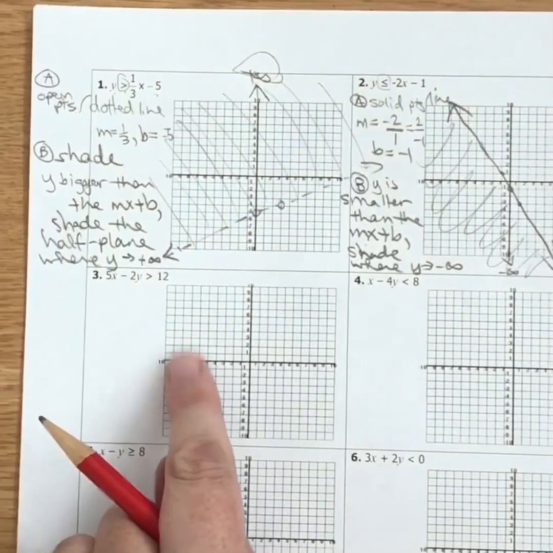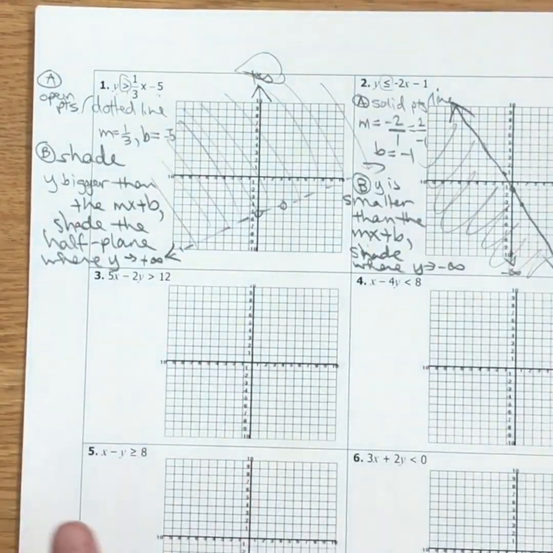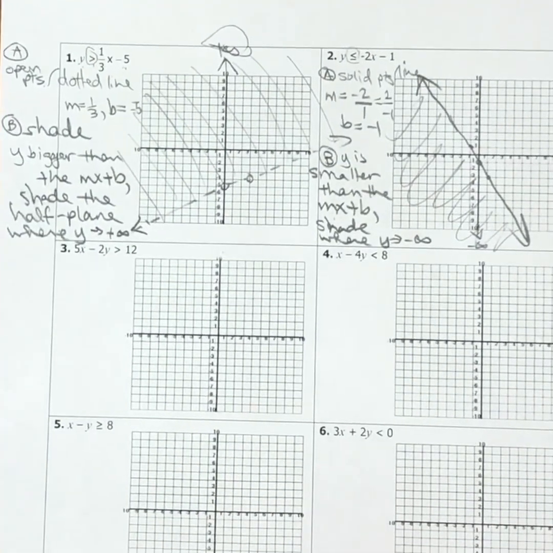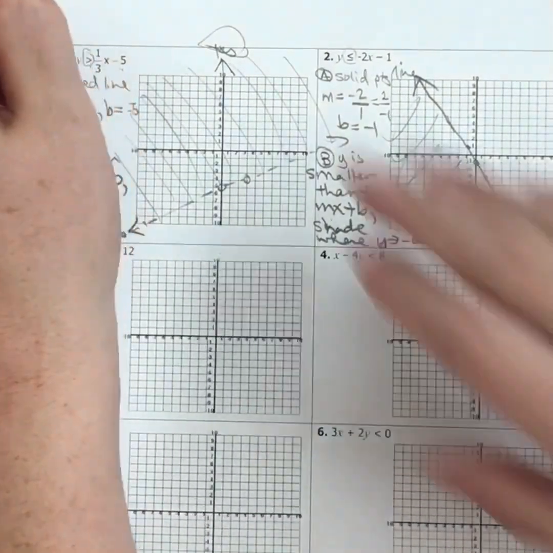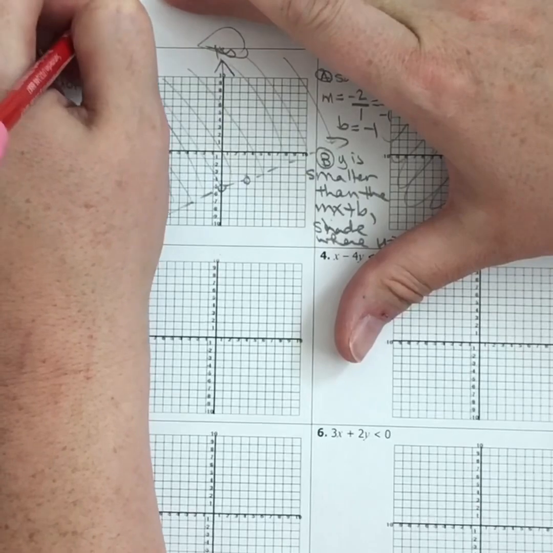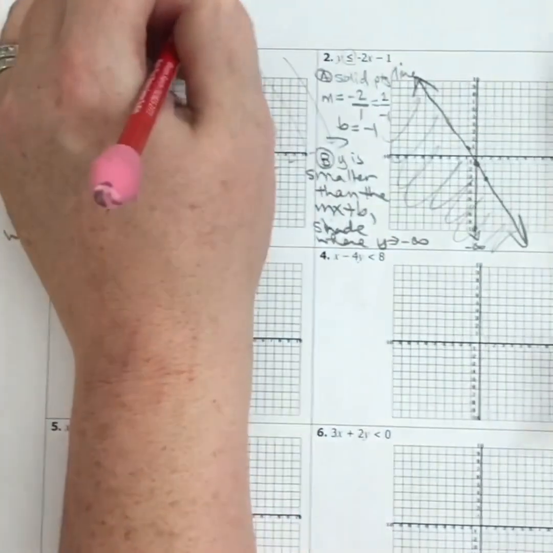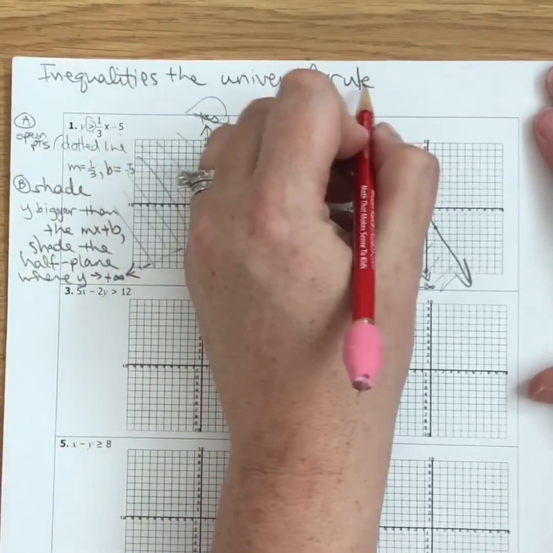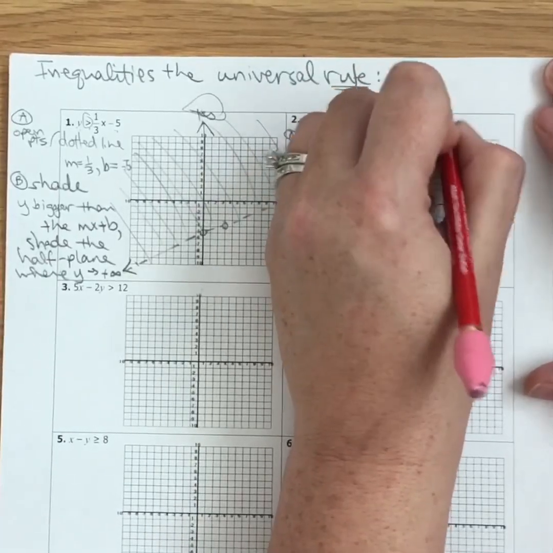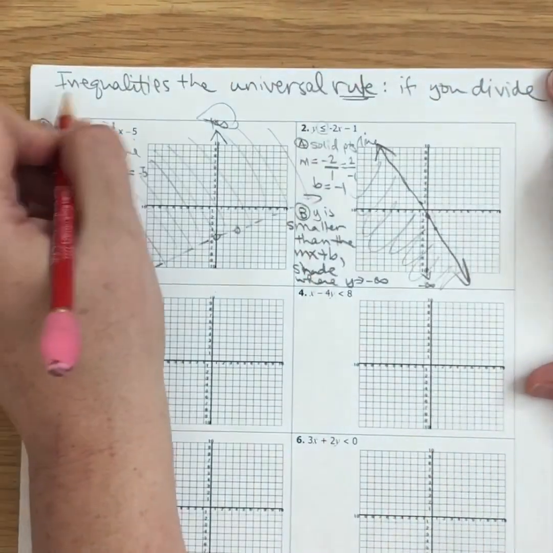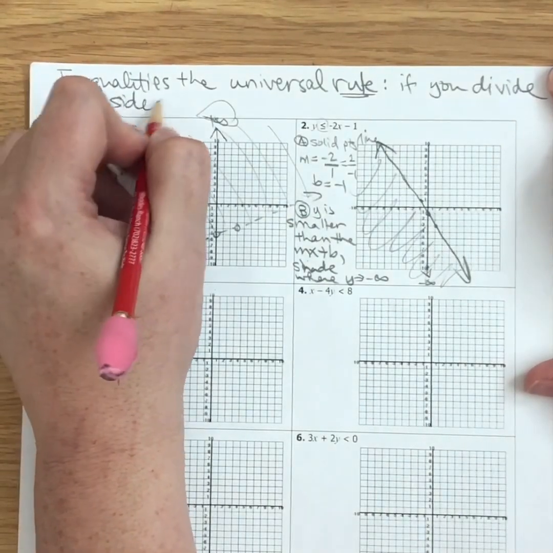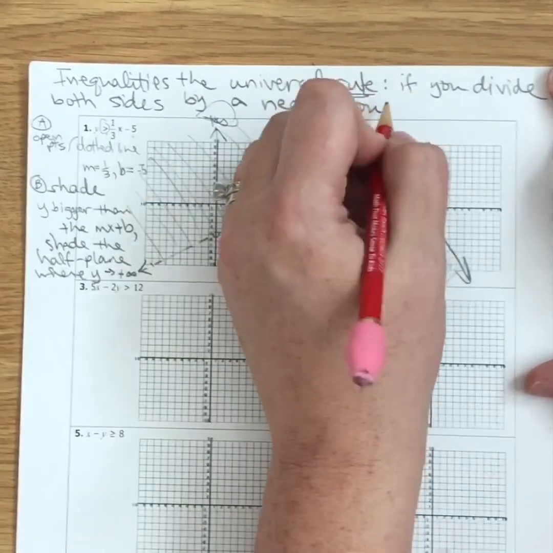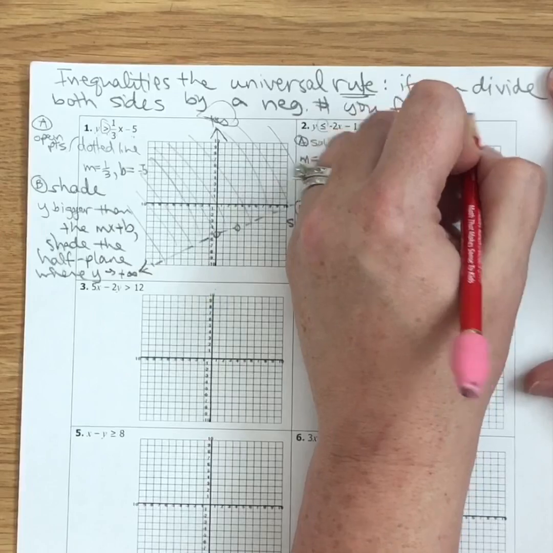Okay, so the only difference for these, like 3, 4, 5, and 6, is that you have to solve for y first, and then you graph it. Well, one of the universal rules when you're talking about inequalities is if you divide both sides by a negative number, you flip the inequality.